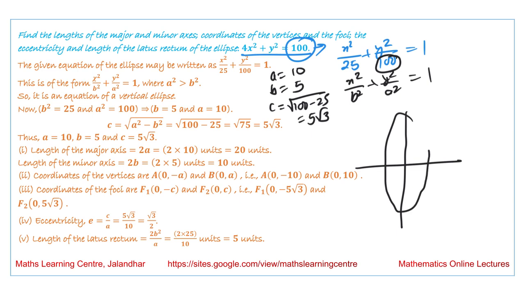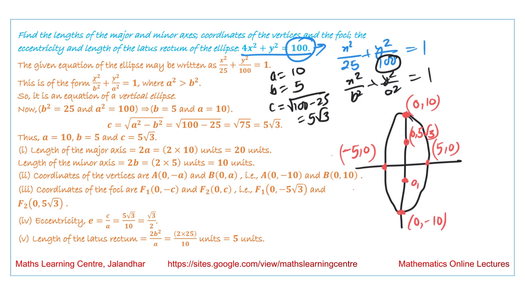So this is a vertical ellipse. This coordinate is (0, 10). This coordinate is (0, -10). This coordinate is (-5, 0). This coordinate is (5, 0). This coordinate is (0, 5√3).